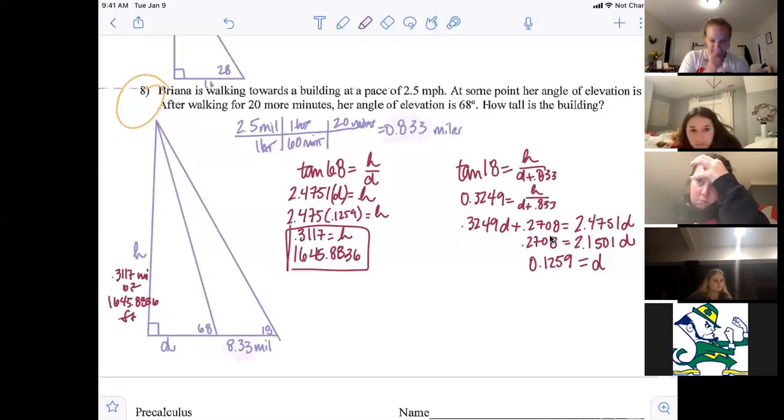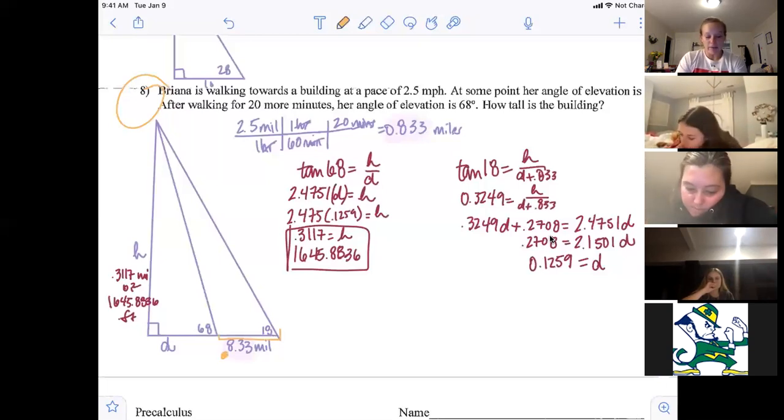That goes down here. It says at one point her angle of elevation is 18 degrees, so that's where she starts. And then she walks that 0.83. Oh, I don't know why I have 8.3. It should be 0.83. Hope I didn't screw that up. I think we're good. So she walks for 0.83 miles, not 8.3 miles.